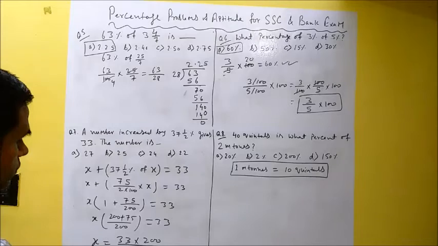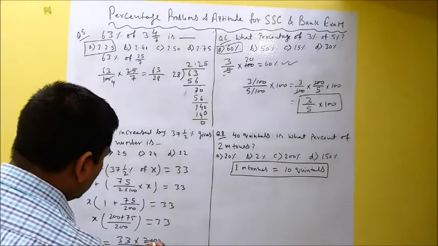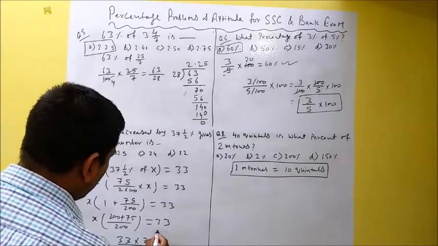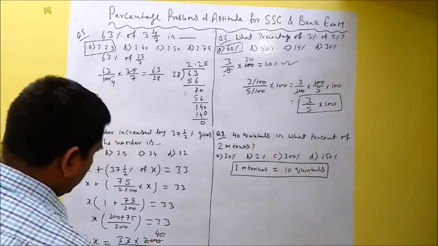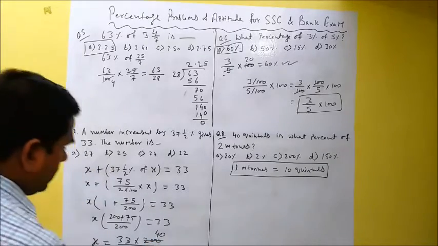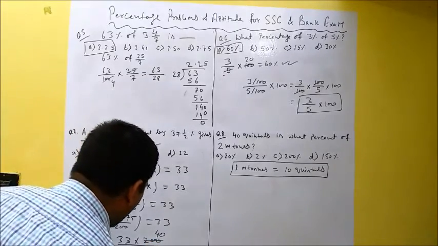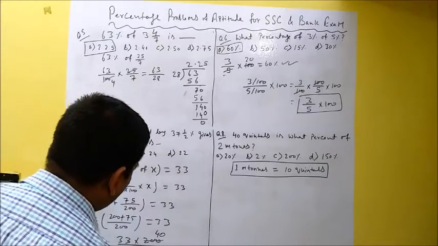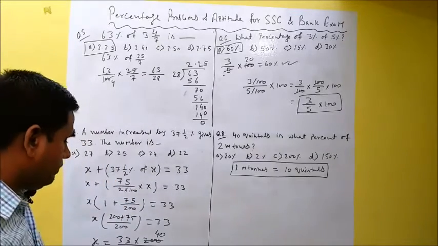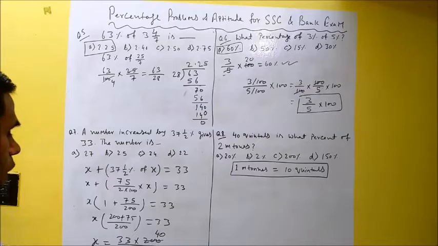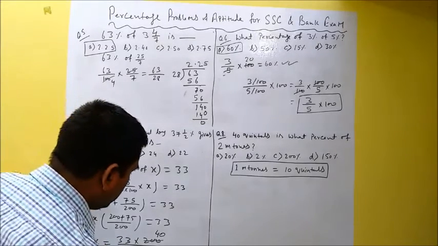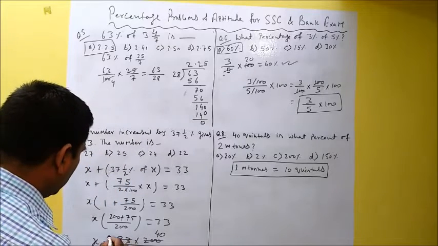Now we just need to cancel it. If I cancel with 5, 5 4s are 20, 40. If I cancel with 5, 5 5s are 25, and then 55, 55 5s are 275. Now I can see easily we can cancel with 11. So 11 5s are 55, 11 3s are 33.